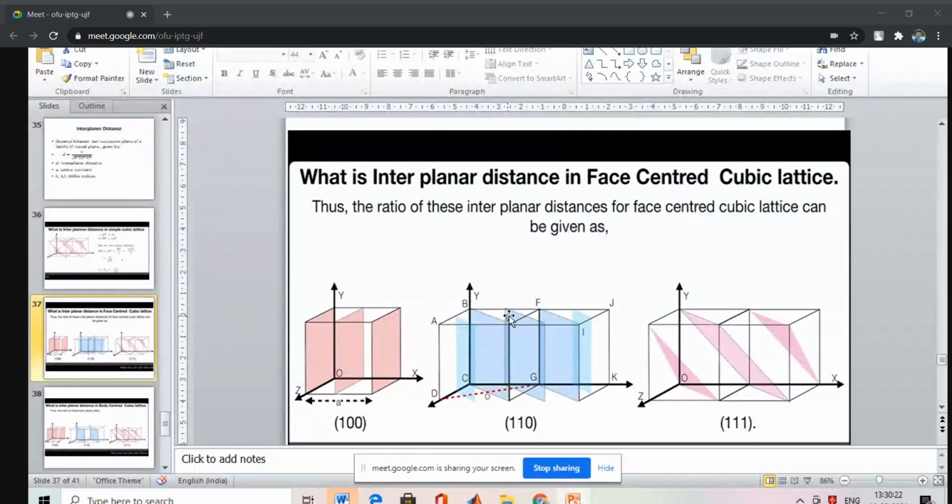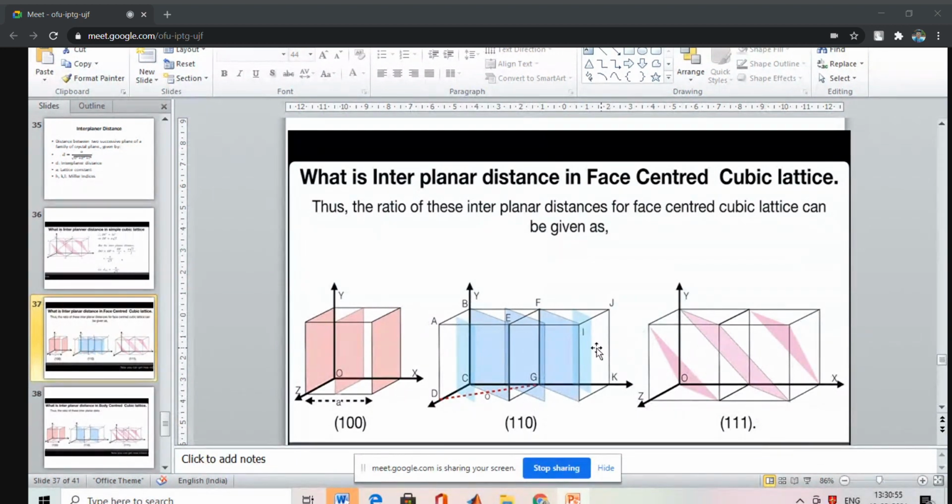According to this interplanar spacing, the characteristics of the crystals are changed. Okay. How do these change? Because this interplanar spacing is very sensitive. If this interplanar spacing is changed in SCC, FCC and BCC, in case of 100, 110 and 111, not in all planes, only for 110 and 111.